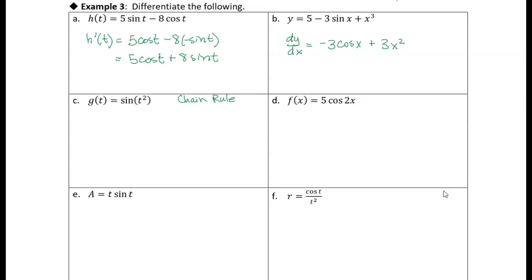Now, I'm going to do this a slow way just to make sure that you remember how to do the chain rule. I'm going to define the inside and outside functions, take the derivatives of those, and then apply the chain rule.